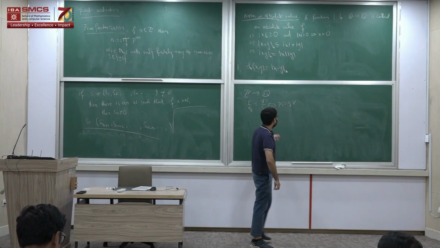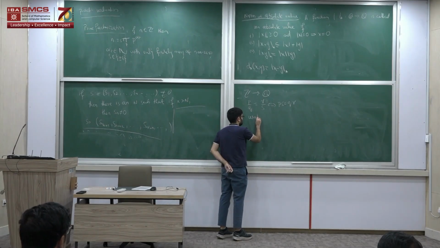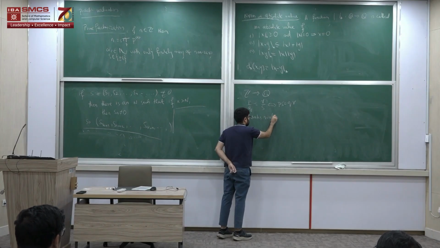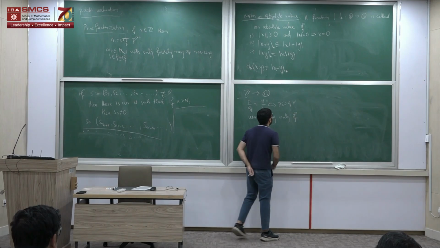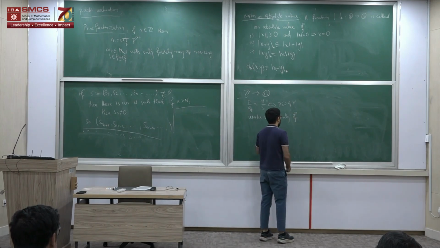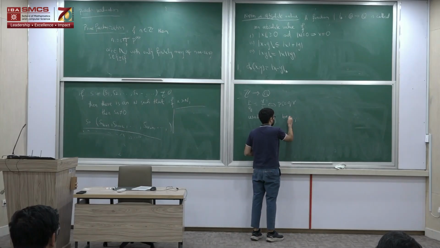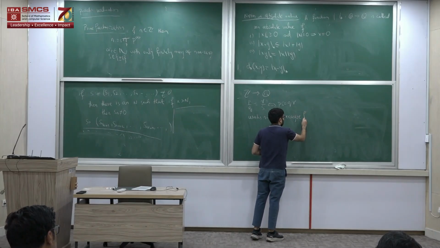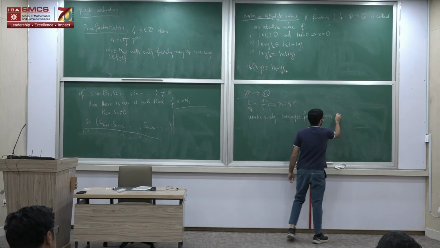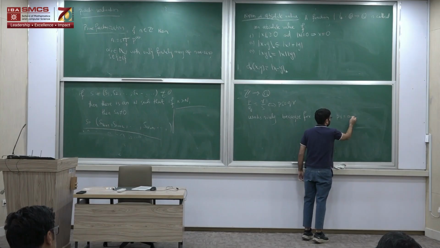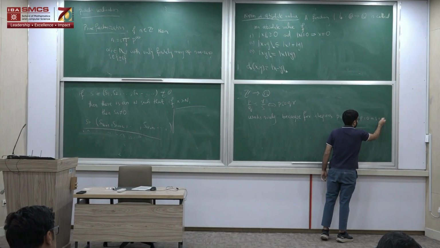And this relation works nicely because for integers, p times s is equal to 0 means p is equal to 0 or s is equal to 0.